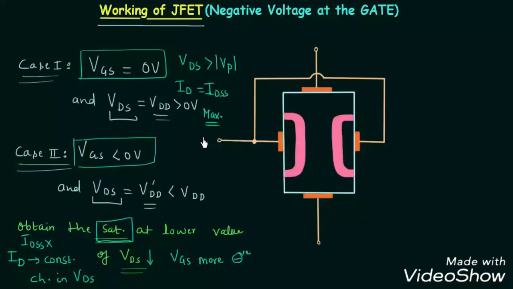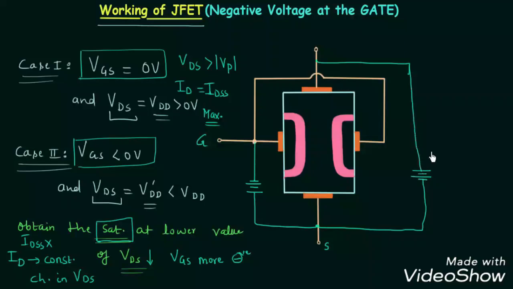So I will connect the gate terminal to the negative polarity of the voltage source and the positive terminal to the source terminal, and then we will connect the source terminal to the negative terminal of the voltage source and the drain terminal to the positive terminal of the voltage source.